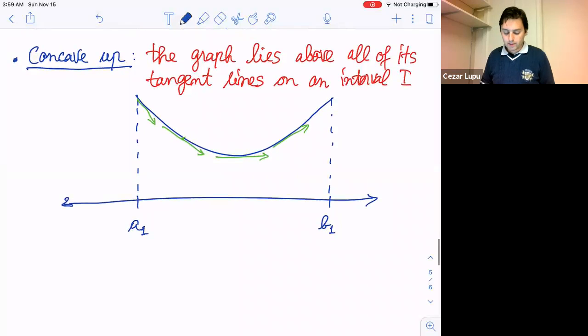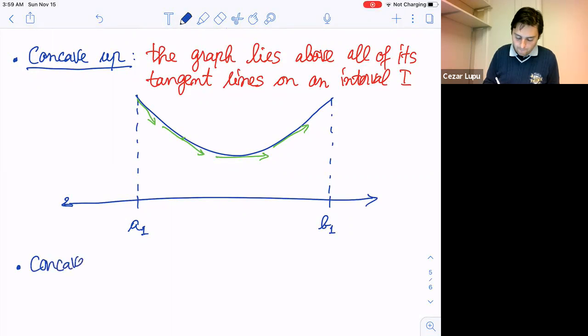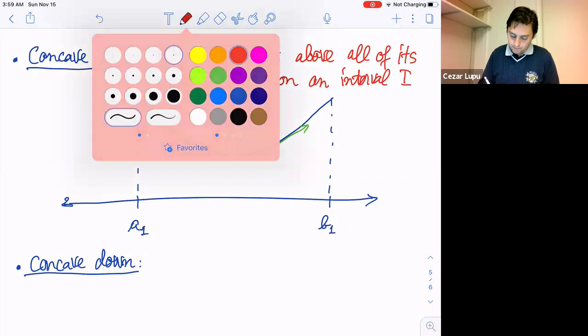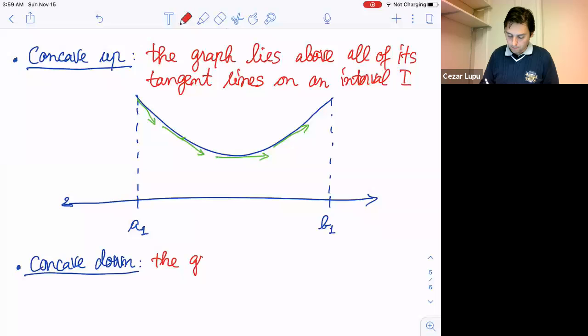And now we would like to see what it means for the graph to be concave down. The graph lies below this time.